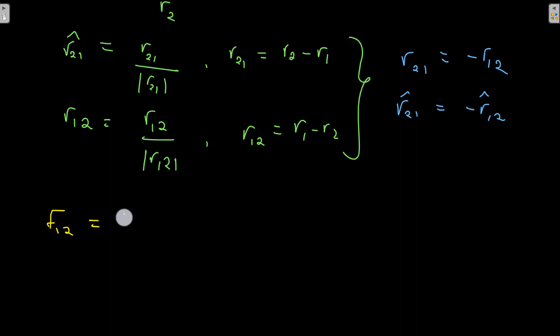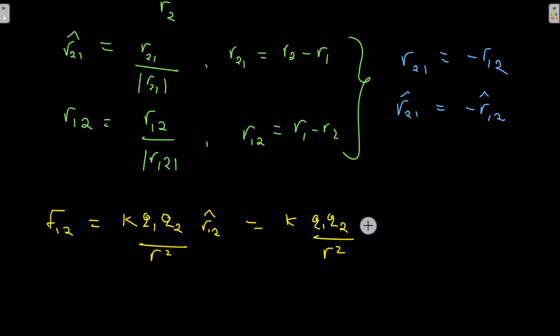F12 is equal to K Q1 Q2 over R squared R cap 12. This is going to be written as K Q1 Q2 over R squared into negative R cap 21, if you like.